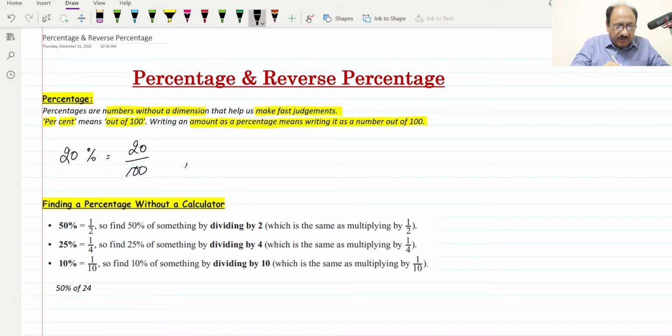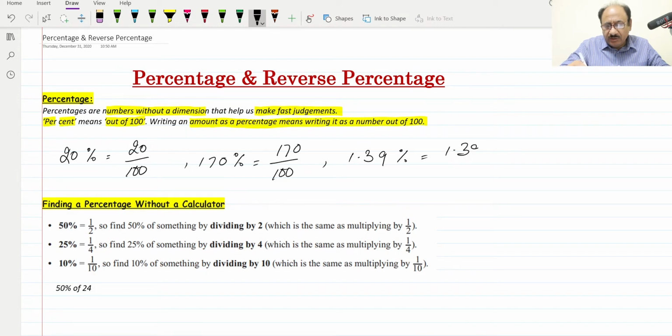Similarly, 170% means 170 out of 100. And if we write a decimal number, 1.39%, it will be equal to 1.39 out of 100. So percent means out of 100.